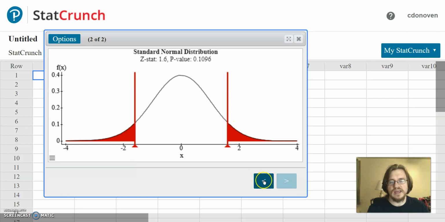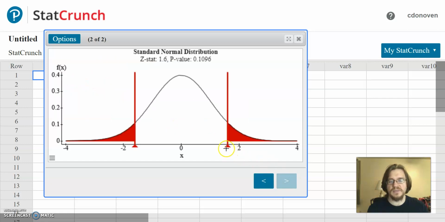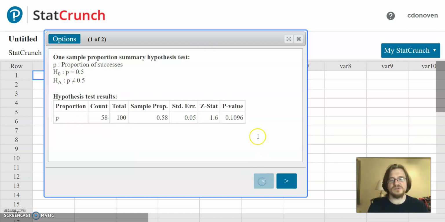But because we're looking at a two-tailed test, so again p is not equal to 0.5, we want everything that's bigger than 1.6, and if we flip it over, everything that's smaller than what we get when we reflect it, which will be negative 1.6. So the combined area in the red is going to be 0.1096. So this calculates everything for us, and it's quite nice.